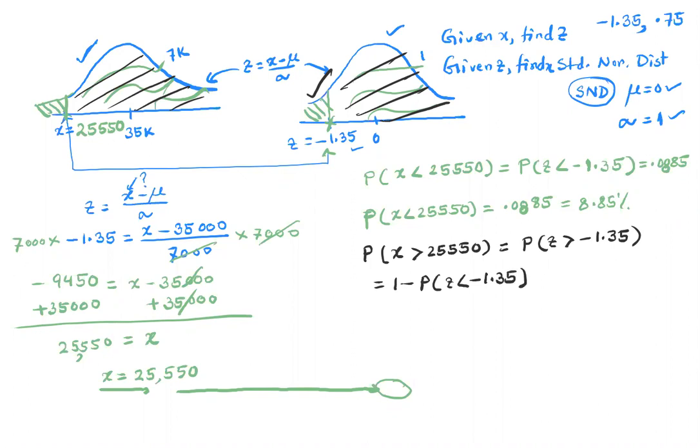All right? That's what it is going to be, which is nothing but 1 minus 0.0885, which is 0.9115, or a 91.15% chance that a randomly selected person will make more than $25,550.